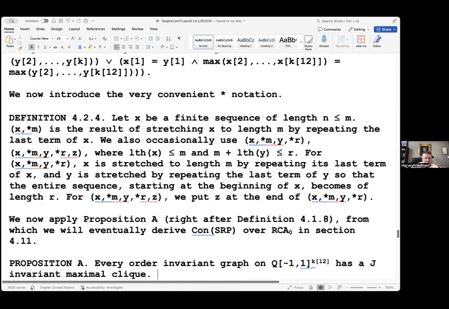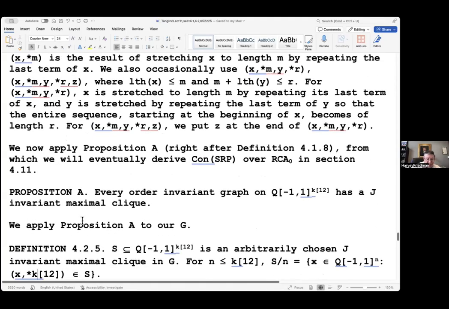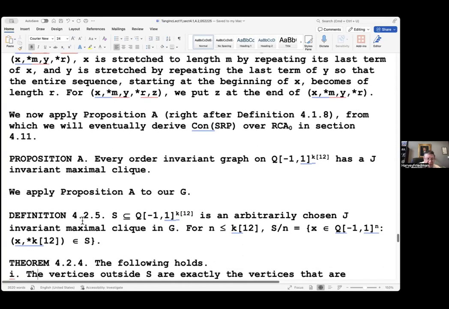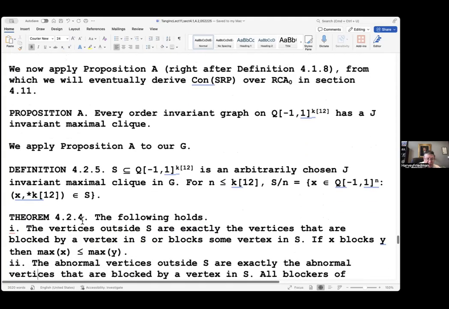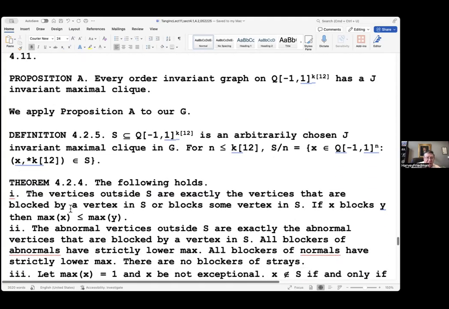All right. We now apply the proposition we're reversing, from which we will eventually derive con S or P, namely this. And we apply A to our G. I think we already did this. Now we have to make this definition.